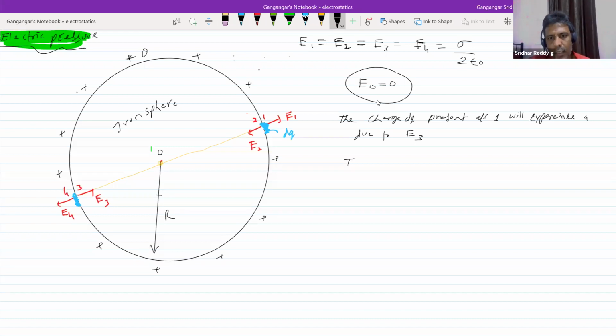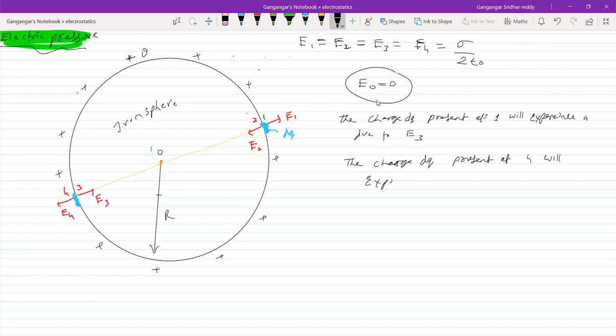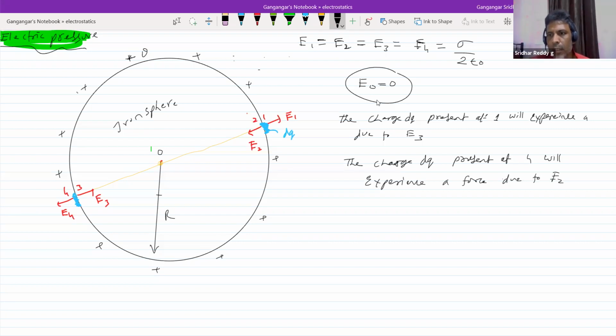Similarly, the charge dq present at 4 will experience a force due to E2. I'm interested in this force, so therefore what is dF equal to? dF is equal to, at 1, let me discuss first.